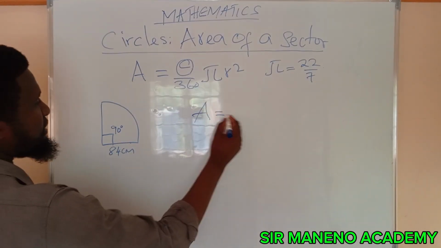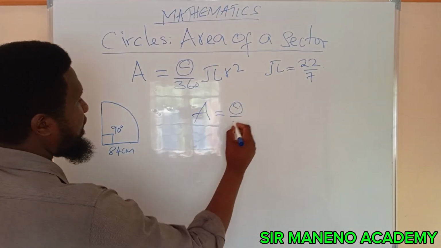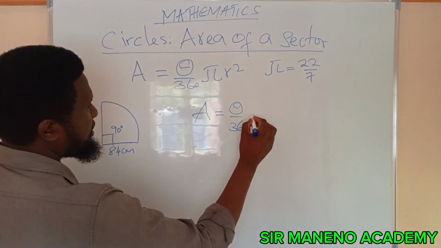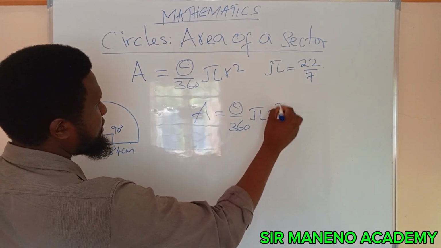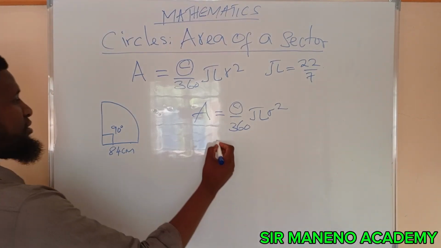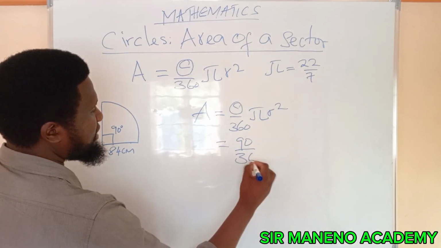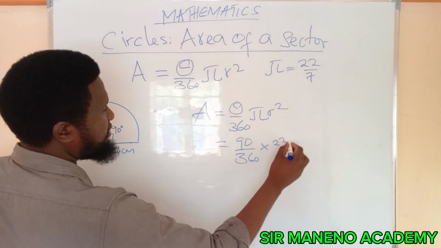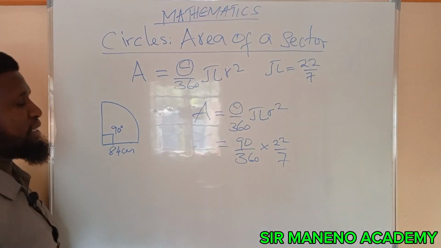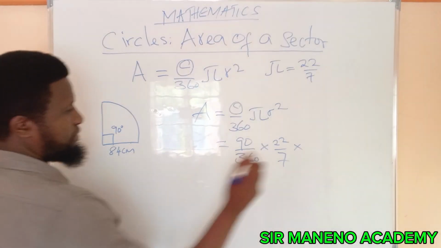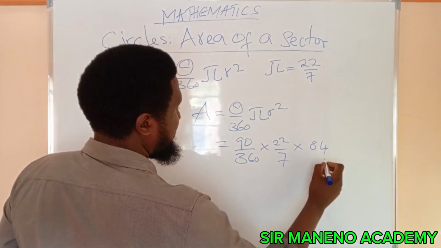We say area is theta over 360 pi r squared. Now, theta here is 90 over 360 times 22 over 7, times radius is 84 squared.